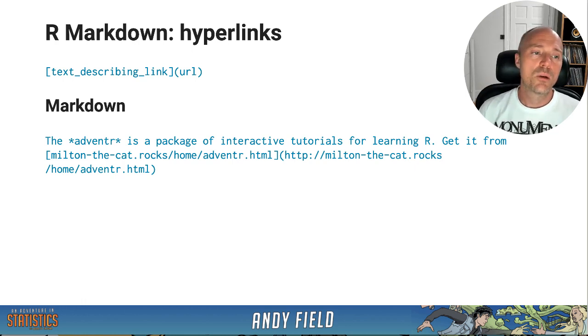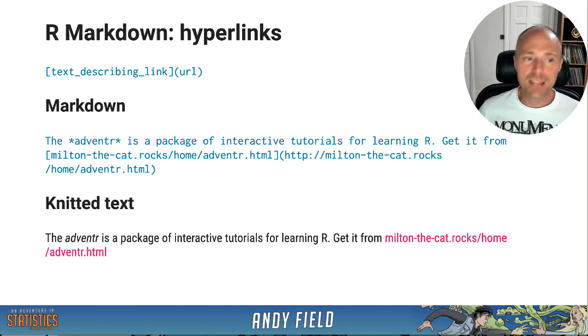So in the example we got here, I've got a sentence about a package that I wrote for R, and it says the Advento package, which is what it's called, and it tells you to get it from, and then my web page. So when we knit this, it actually looks like this. So this stuff in pink is the hyperlinked text. So if we were to click on that, it would actually take us to that website.